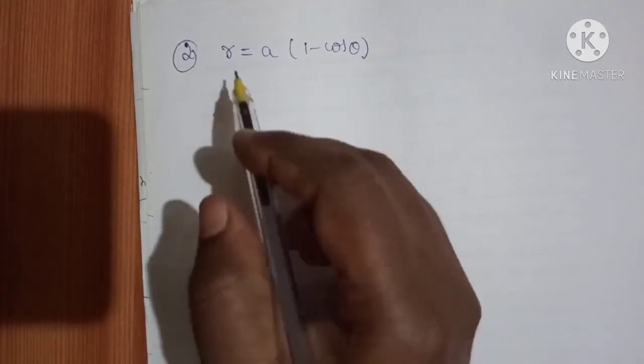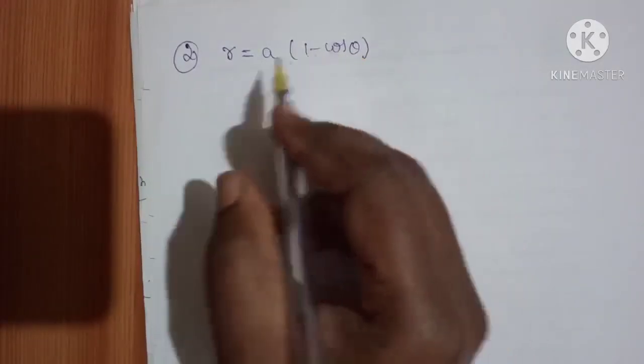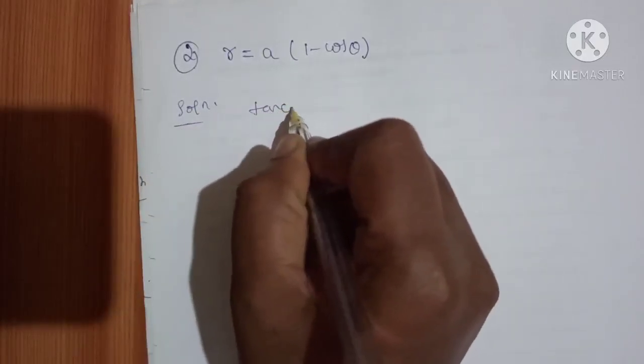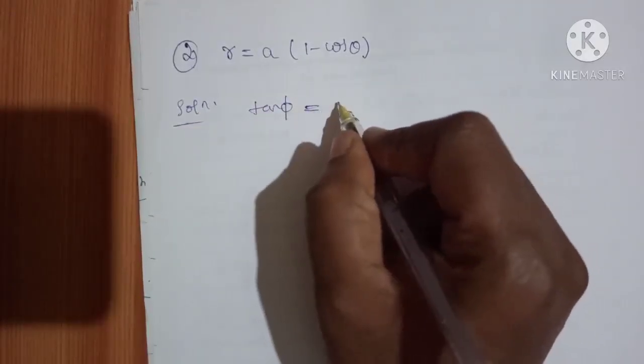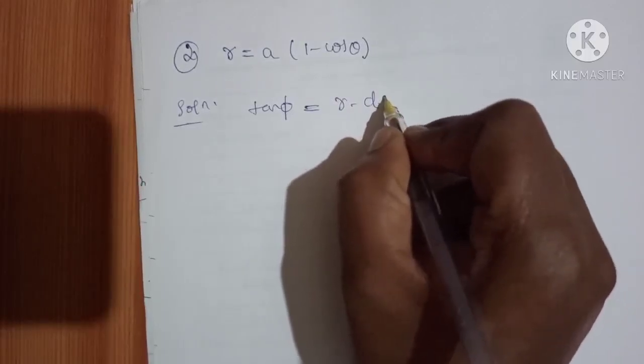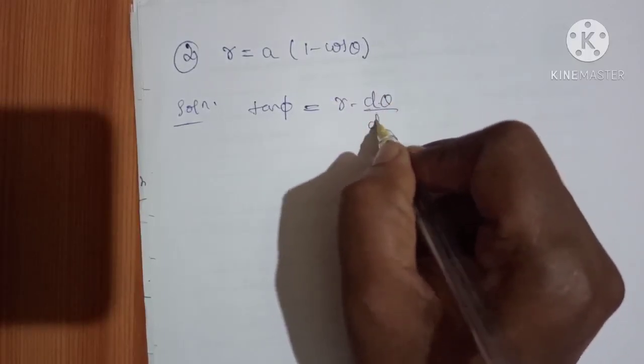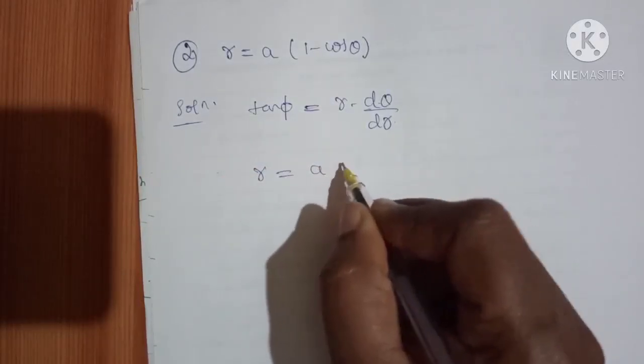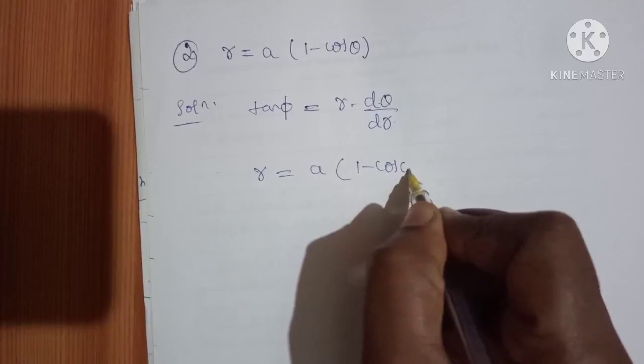Second example, r equals a into 1 minus cos theta. Solution: we have the formula tan phi equals r into d theta divided by dr. The given curve is r equals a into 1 minus cos theta.